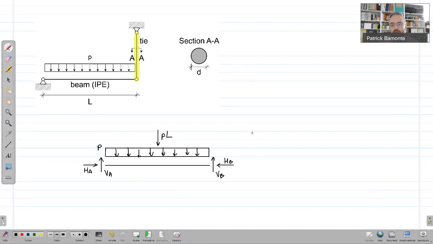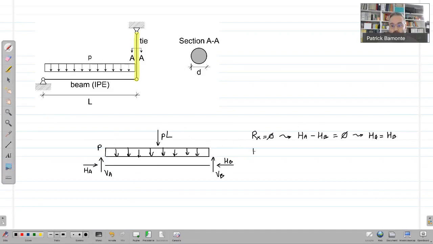The equilibrium equations are horizontal equilibrium, Rx equal to 0. Considering that HA is directed towards the right and HB is directed towards the left, Rx is simply HA minus HB equal 0. So the result is clearly HA equal to HB.